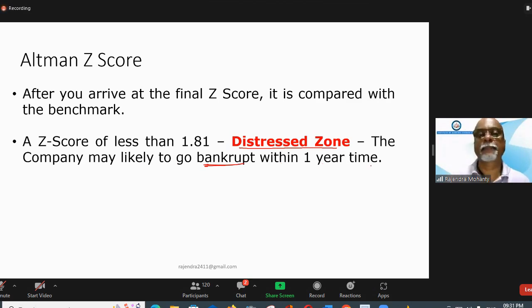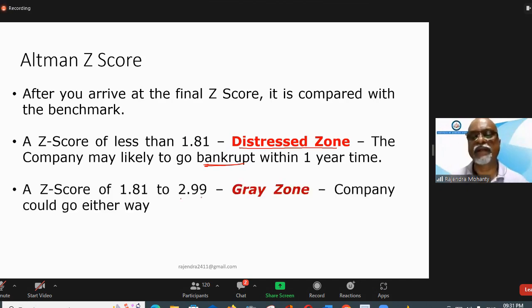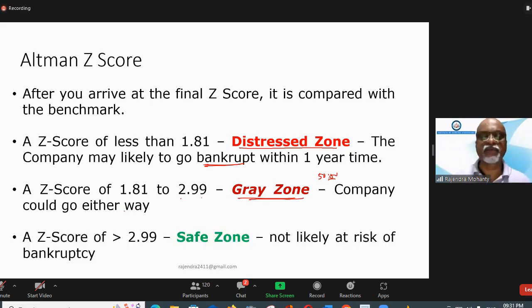The next range is if your score is from 1.81 to 2.99, that zone is called the gray zone, which I call 50-50. So the company could go either way. It might go to bankruptcy or it might go to the safer zone. So it is midway. And third, when the score is more than 2.99, it is the safe zone. So there will be no bankruptcy for at least the next 1 year.